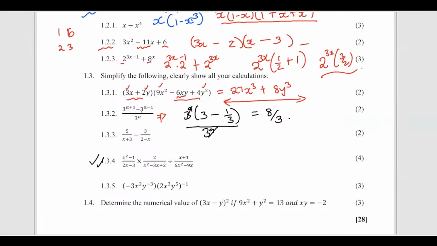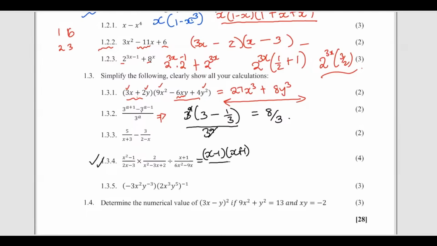Then 1.3.4. Okay. So with this, we are going to use factorization. And with the factorization of it, let's look at term by term. Okay, so with the first one, on the top, we have a difference of 2 squares, meaning that we're going to have x minus 1 and then x plus 1.